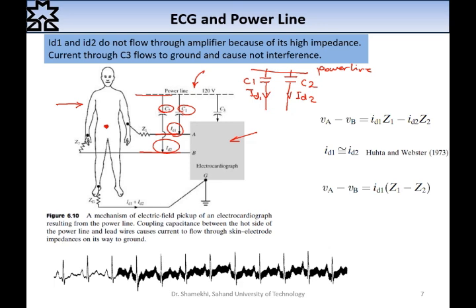Let me draw the impedance first. As you can see, Z1 and Z2, and now we reach the body node.